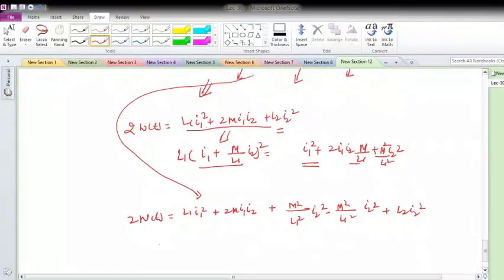So this I can write as L1 I1 plus M over L1 I2, whole square, plus L2 minus M square over L1, into I2 square.